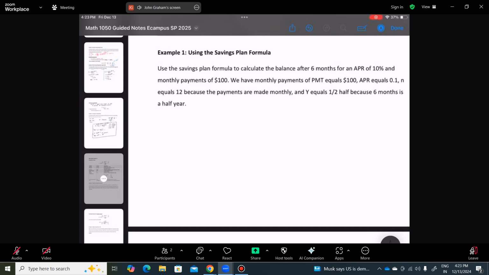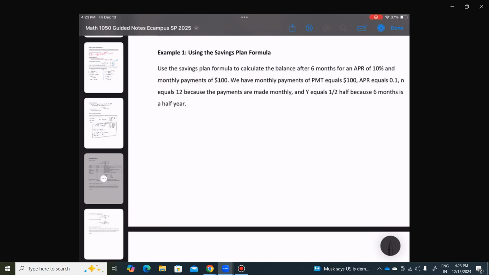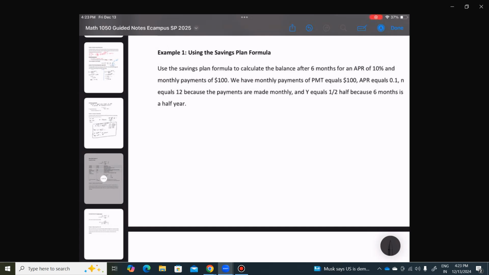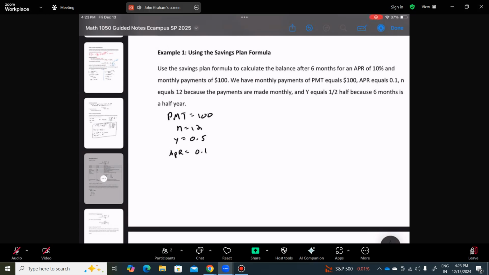N equals 12 because the payments are made monthly, and Y equals 0.5 because we're at 6 months, so you put it in terms of a year, which ends up being a decimal. Okay, now I have a calculator for this.